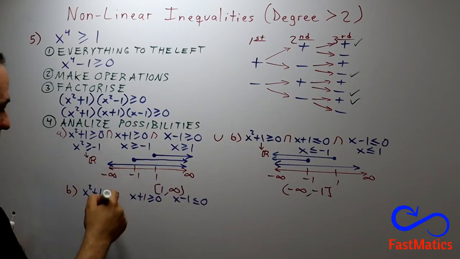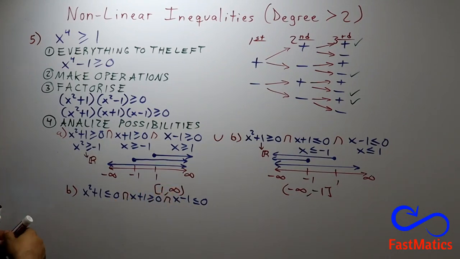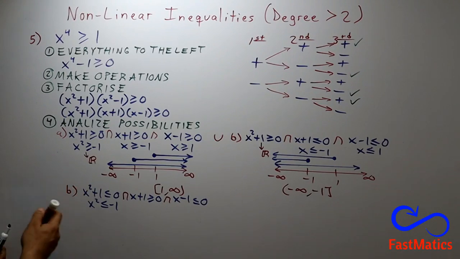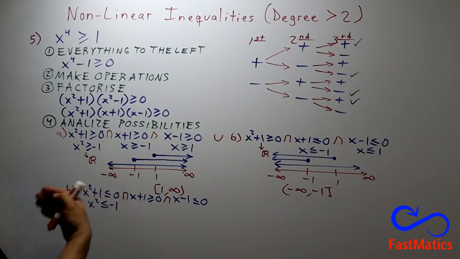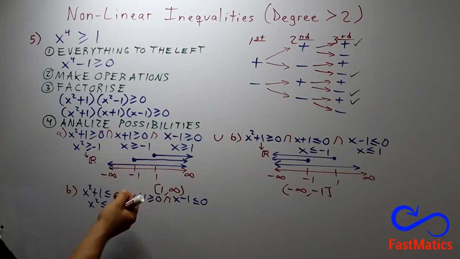When in math you need this and this and this, you intersect the answers. Here I have x squared less than or equal to negative 1. But pay attention here, a number squared inferior to a negative number is not possible, because a number squared will always be positive. So here you have no solution.